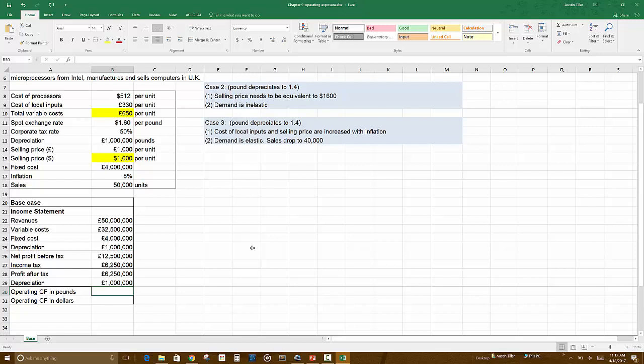So operating cash flow in terms of pound equal to profit after tax plus depreciation, B28 plus B29. 7.25 million pounds. Then convert it to dollar. We take the pound cash flow, B30, times exchange rate, so go back up to B11.